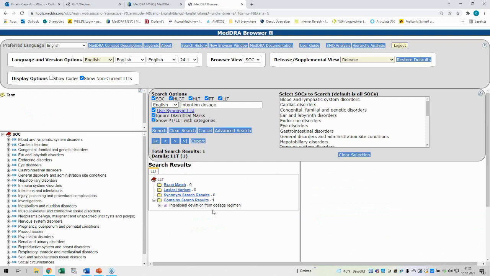And the question is whether this can be considered overdose. Overdose would be too vague. We know it was an intentional deviation. So if at all, we would select intentional overdose. So this would be the other option. Well, it is a deviation from the dosage regimen, but it could also be considered an intentional overdose. My preference would be to classify as intentional overdose, because it was an intentional deviation.